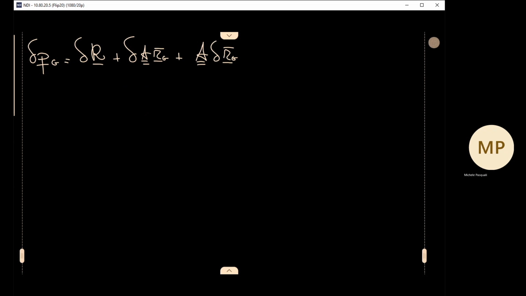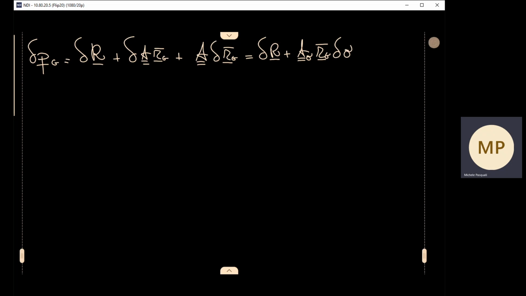Okay? And this is again delta R plus A theta, because A basically depends only on rotation. So the only variation, even virtual, which we can have, depends only on theta. So we write A theta RG over delta theta.